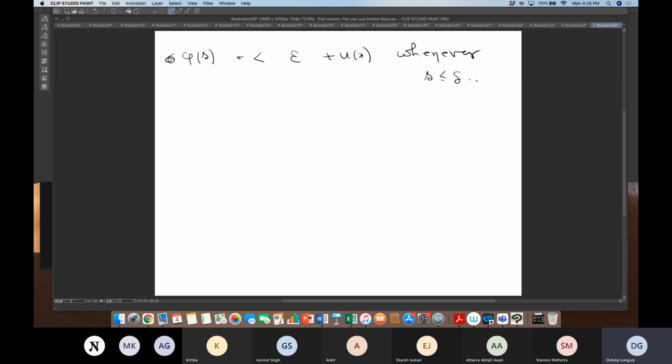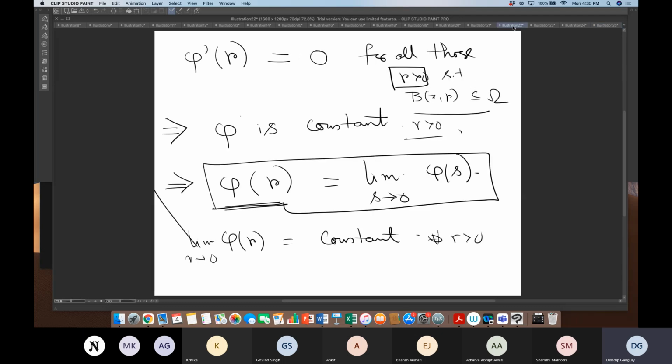So just a minute, you just tell me, is phi s a positive or a negative function? Oh, phi is a constant, so nothing matters.